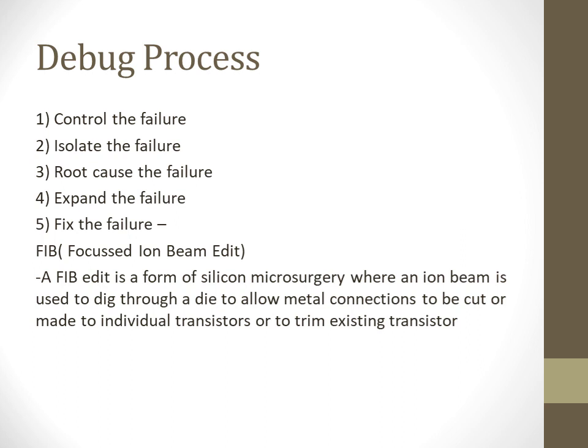Controlling the failure involves determining the sensitivity of the failure using experimentation. Next step is isolating the failure. Isolation of the failure means to identify when and where the failure is occurring. This is done by designing for debugging, that is, designing such that the circuit can be debugged.